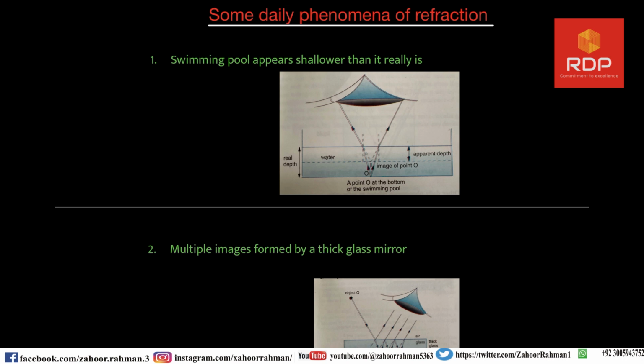The first phenomenon is that a swimming pool appears shallower than it really is. What does it mean? If you are seeing the swimming pool from above, you will say that it is shallower, not deep.